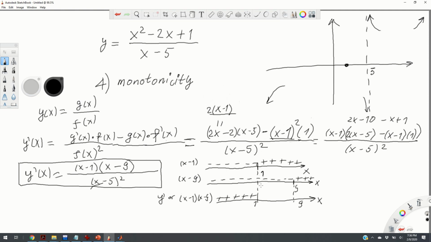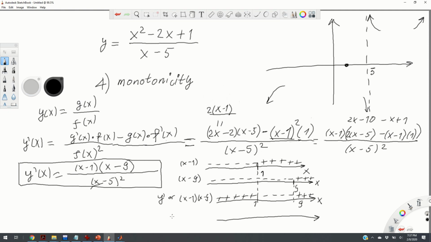Negative function times something that's positive gives a negative function. Something that's positive times something that's positive gives a positive value. So this is the sign of y prime. So y prime will be positive from minus infinity to 1. It will be negative from 1 to 9, and it will be positive from 9 to infinity.